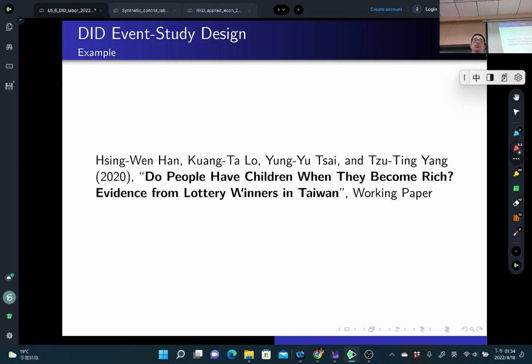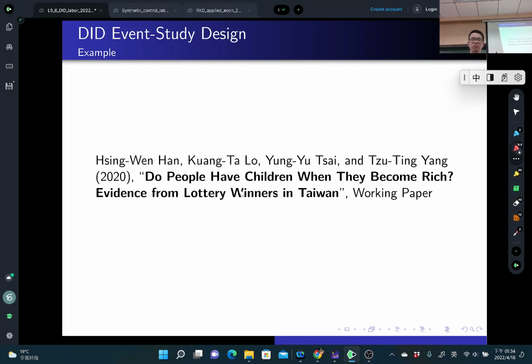That means if you have more money, if you become rich, whether you will give more births. And we use lottery winners in Taiwan, who won a big lottery prize, as an exogenous change in their household income, as a natural experiment to examine this issue.